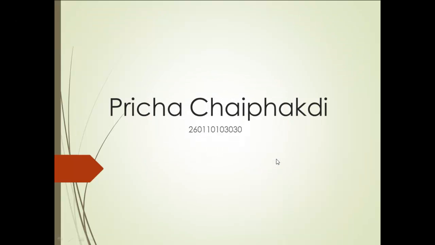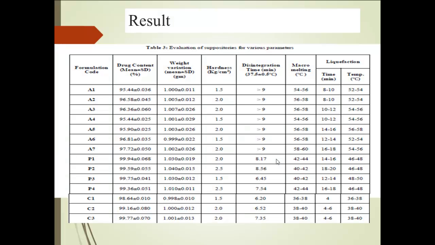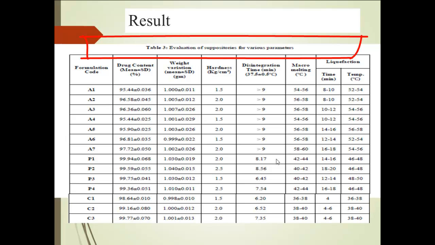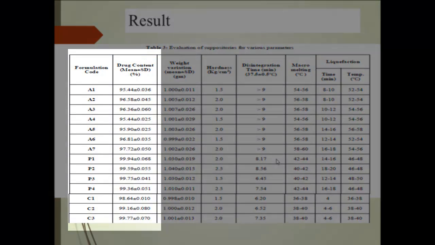Hello, I will be presenting the results and discussion as well as the conclusion. This is the table that shows the evaluation of suppositories for various parameters. As you can see, all the prepared suppositories showed uniformity of drug content, which is within the permissible range of 95 to 100%, indicating uniformity of drug dispersion in the suppositories.